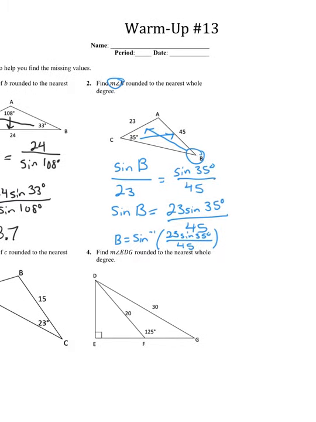Problem 2, the B value, 17 degrees. Is that right? And that makes sense. It was rounded to the nearest whole degree. And because the side length is 23, it should be smaller than the 35 degree angle. So I got the measure of angle B equals 17 degrees for problem 2.